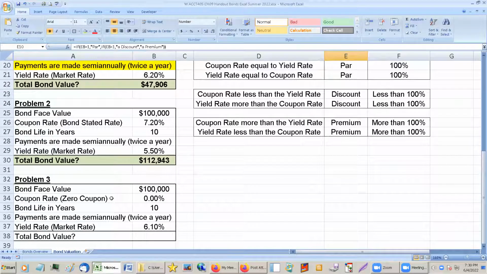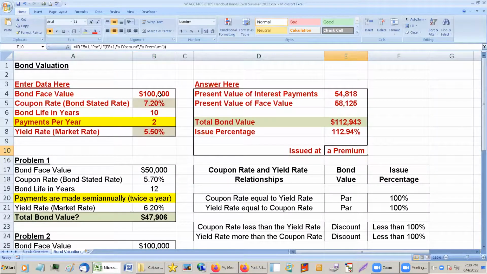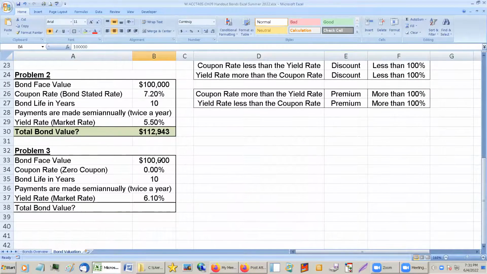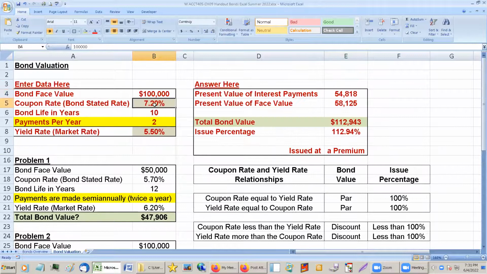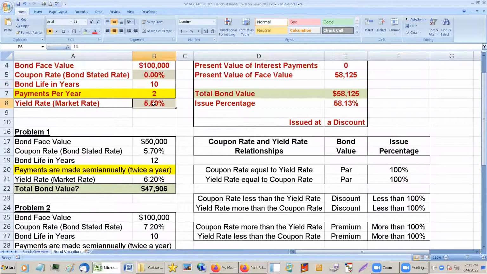The last one is a zero coupon bond. It's 100,000, zero coupon, 10%, and the market rate is 6.10. Oops, wrong.